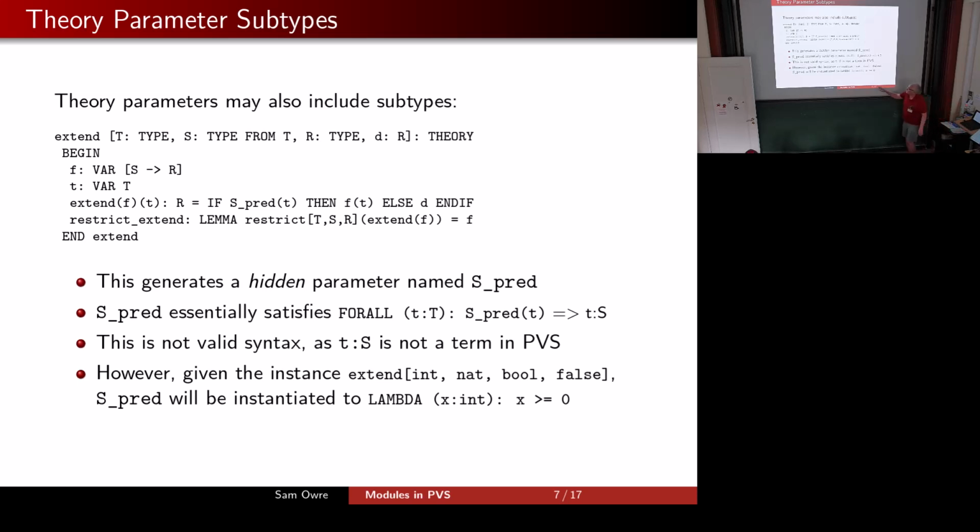So for instance here, this explains. If you instantiate it with that, and here I'm saying the range is bool and the default value is false, then that's what the S pred will be instantiated to. There is actually a kind of interesting thing. This is not a very good conversion, because there's no easy way to tell what the default value for the range should be.